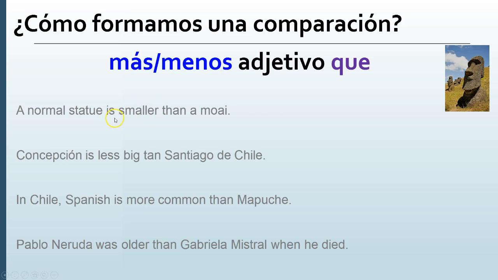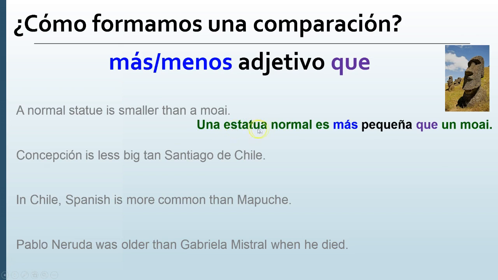Now we've got is, so that's just going to be ser, because we're not talking about where someone is or how they're feeling, which is when we use estar. Smaller than. In this case, the adjective is small. So our final version is going to be una estatua normal es más pequeña que un moai. Bien. Okay, go ahead and work your way through the last three.